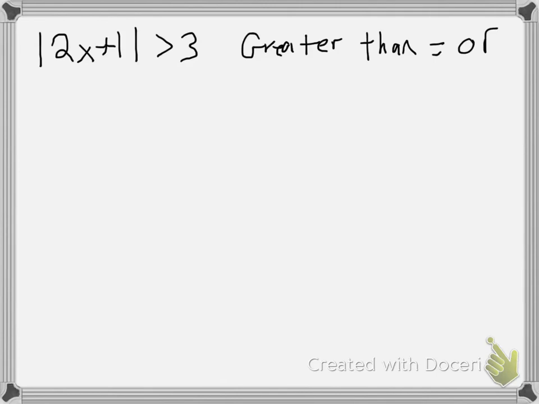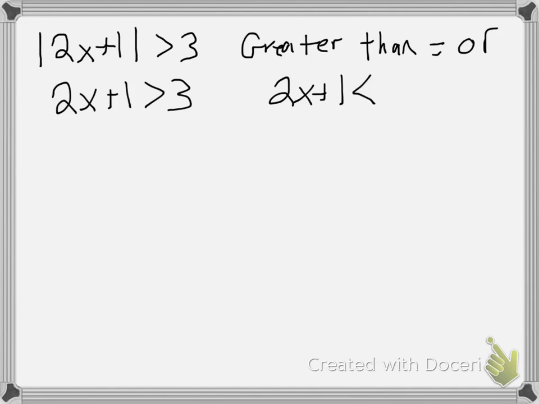Okay, so again, write it down the way you would normally. We have 2x plus 1 is greater than 3. And then what do I do? 2x plus 1, less than, flip the sign, and then what do I do? Change the sign. So I now have 2x plus 1 is greater than 3, or 2x plus 1 is less than negative 3.